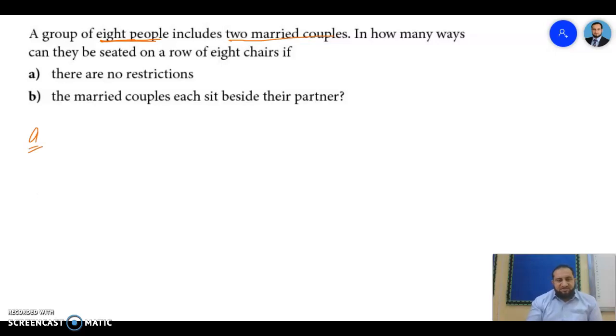If there is no restriction, we can use the counting principle, so it is 8 factorial, which is 8 times 7 times 6 times 5 times 4 times 3 times 2 times 1. If you calculate this, it will be 40,320.